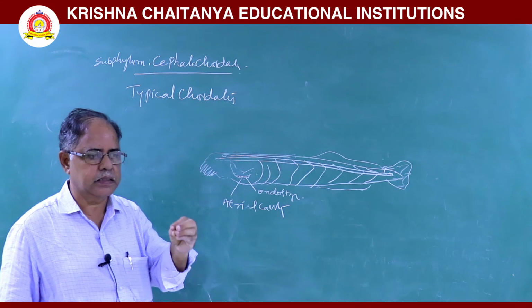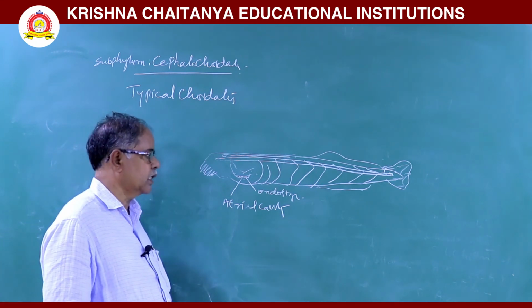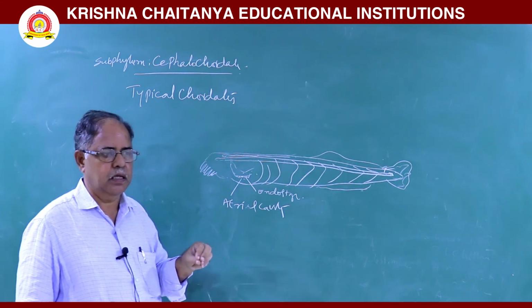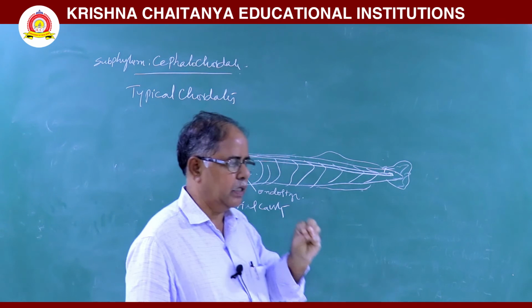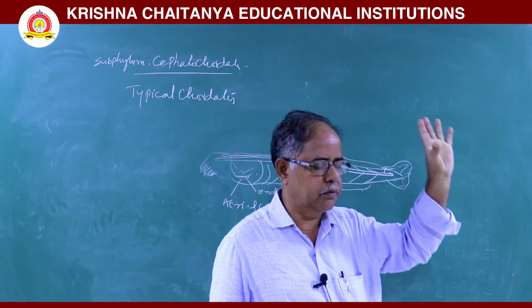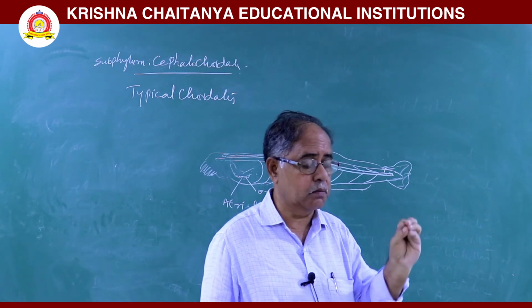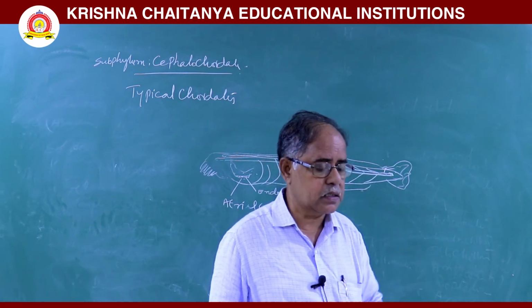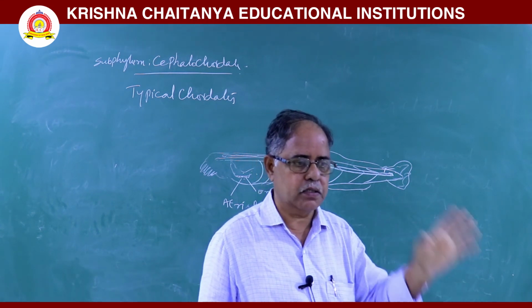That groove is called an endostyle. Next, in this animal, a closed type circulatory system is there. That is, the blood flows only through the blood vessels. But in this circulatory system, the heart is absent, blood cells are absent, and respiratory pigment is absent.